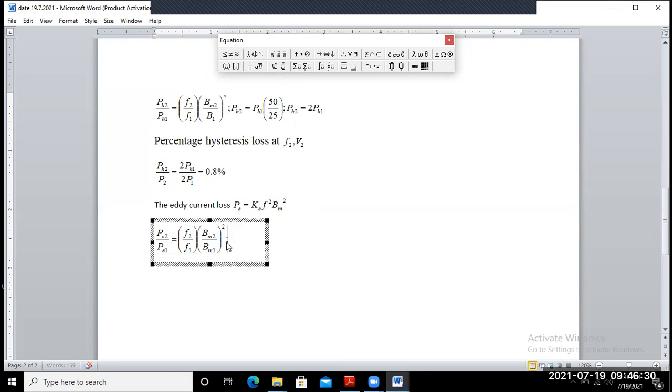So you may write here Pe2 equal to Pe1 into F2 by F1 whole square. 50 divided by 25, that means 2. 2 whole square, that means 4.